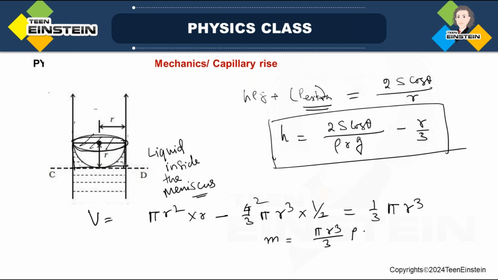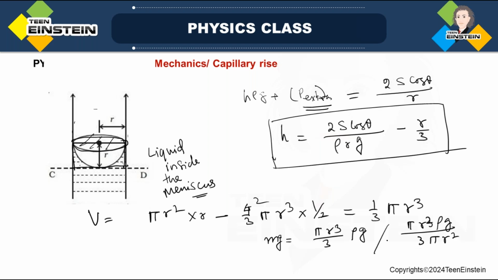And what will be the force due to this? And what will be the extra pressure? That will be divided by the surface area of this capillary tube itself. So I can write pi r cube rho g divided by 3, and pi r square in the denominator. Excuse me.